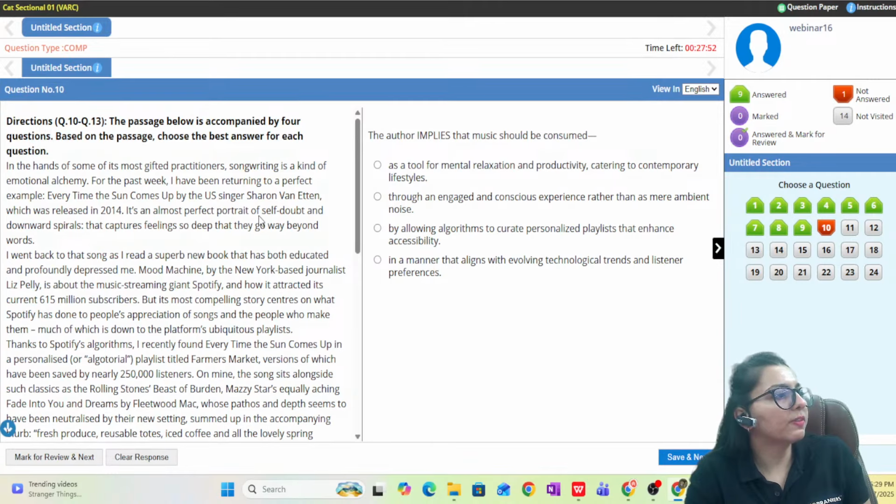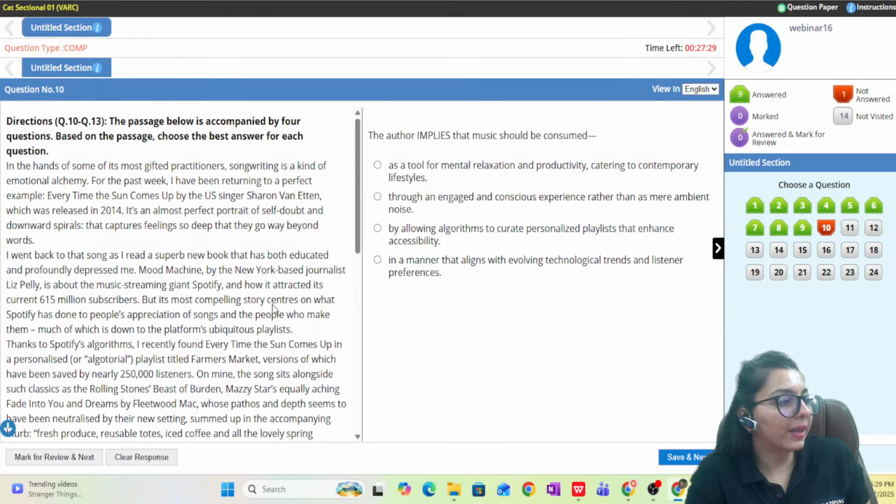It's an almost perfect portrait of self-doubt and downward spiral that captures feelings so deep that you go way beyond the words. Okay. I went back to the song as I read the superb new book that has both educated and profoundly depressed me. Mood Machine by the New York based journalist Liz Pelly is about the music streaming giant Spotify and how it attracted its current 615 million subscribers.